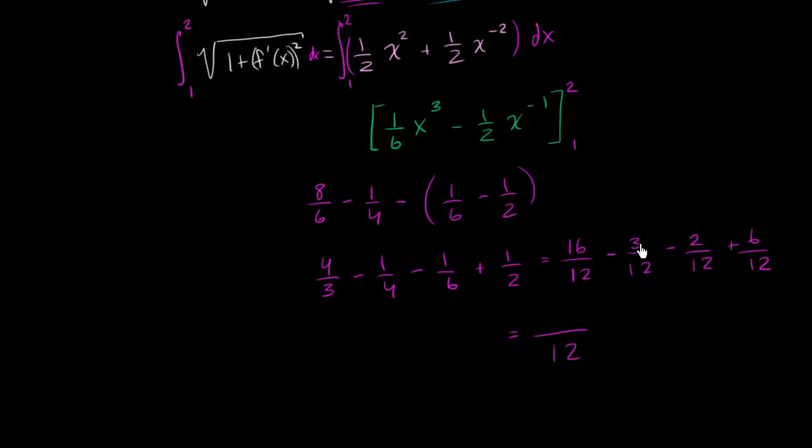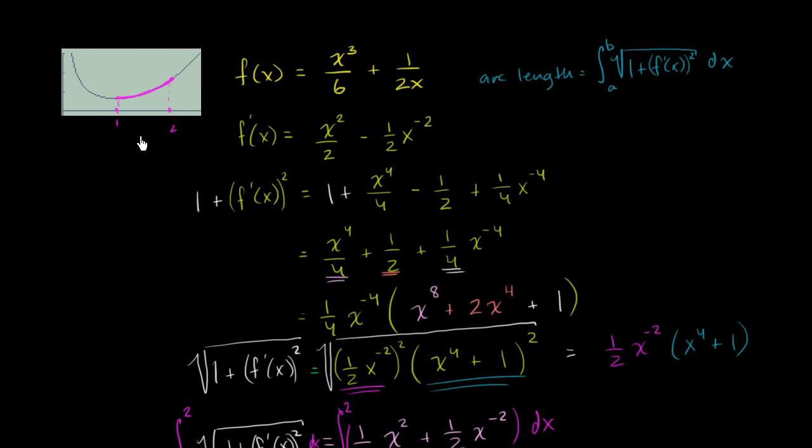So 16 minus 3 is 13, minus 2 is 11, plus 6 is 17. So there we have it. The length of that arc along this curve between x equals 1 and x equals 2 is 17 twelfths. And we're done.